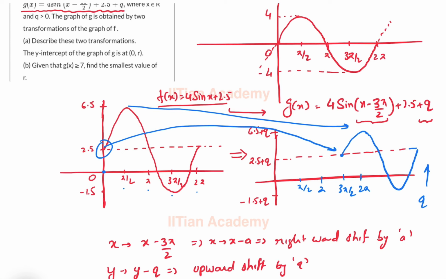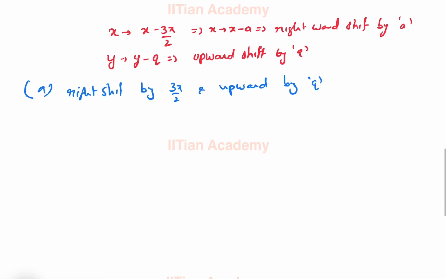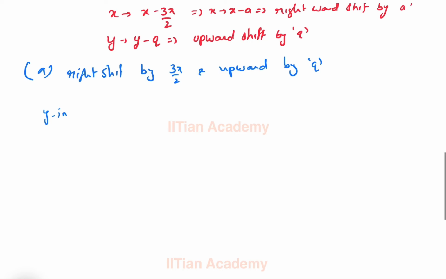The intercept of the graph of g, so when we say intercept it means the point at which it is intersecting. The y-intercept, where x equals 0, is (0, r).